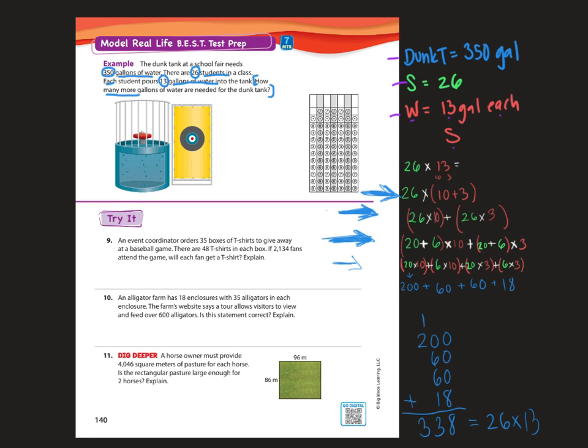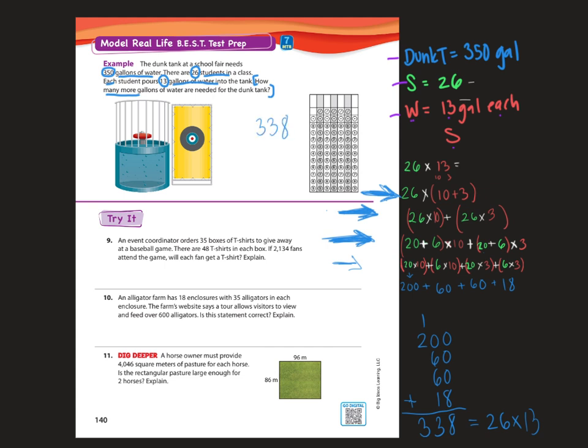If I go back to the story, I know that I multiplied 26 times 13 because I wanted to find out how many gallons of water the students poured into the dunk tank. There were 26 students and each of them poured 13 gallons. So in total, they poured 338 gallons.